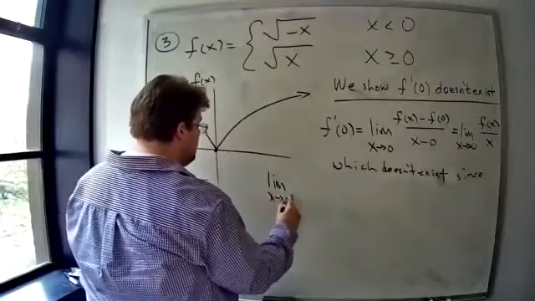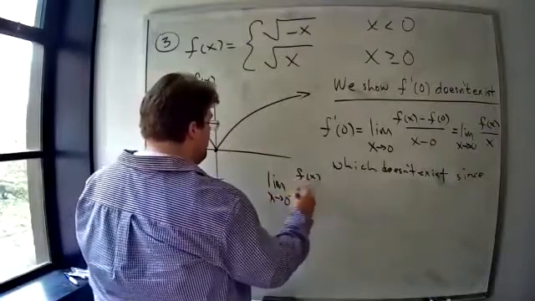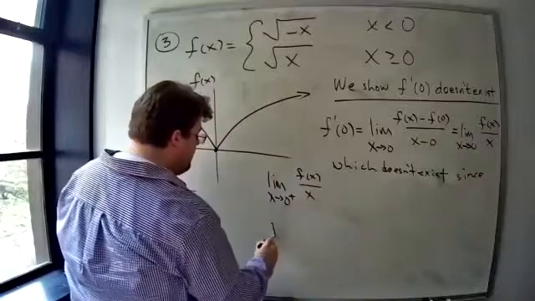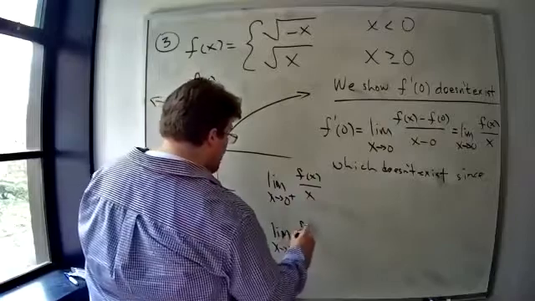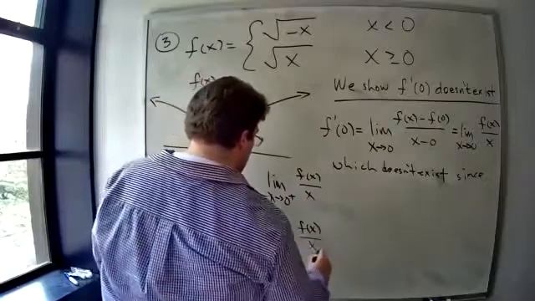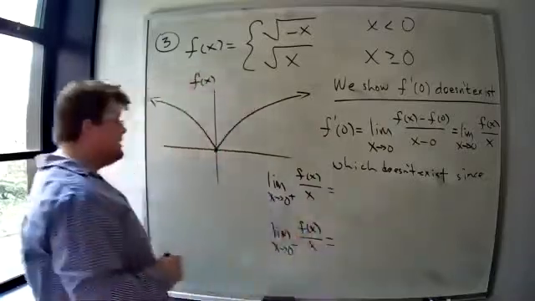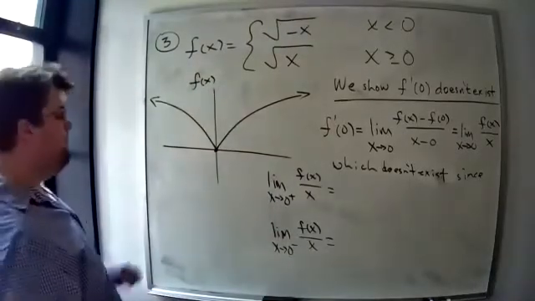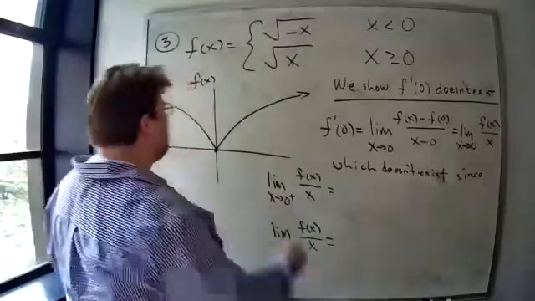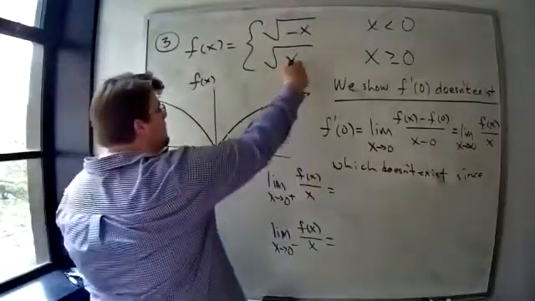Limit as x approaches 0 from the right. We're going to look at the right, and we're going to look at the left, and we're going to see that infinities show up. On the right of 0, how is the function defined?